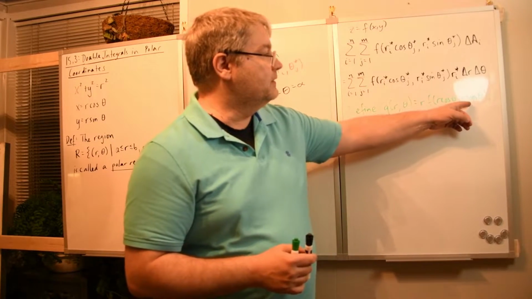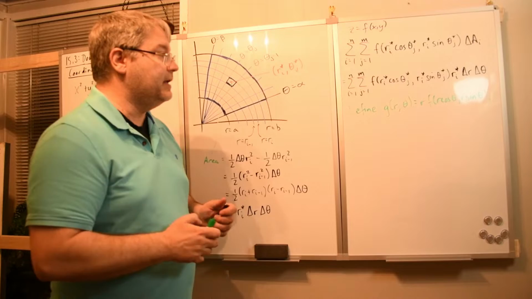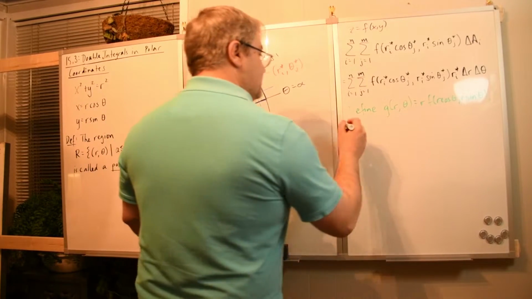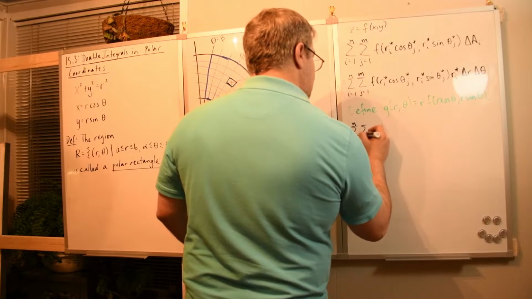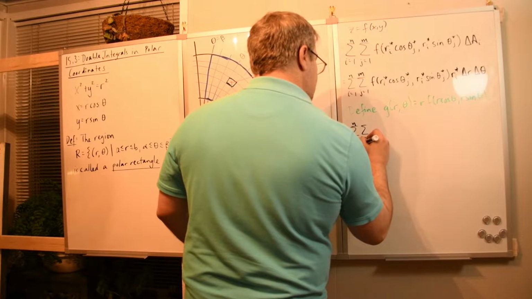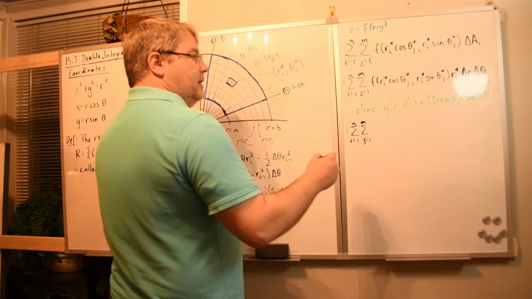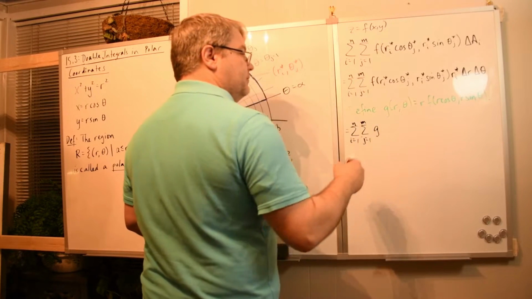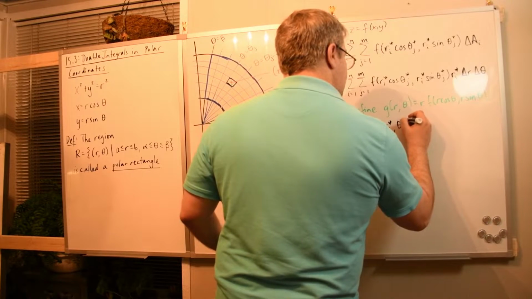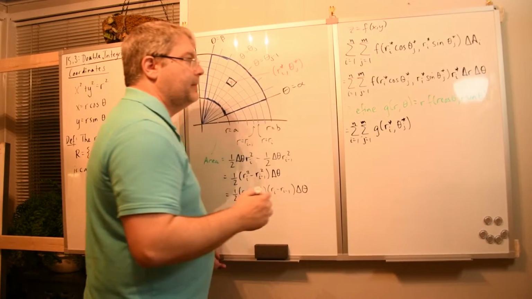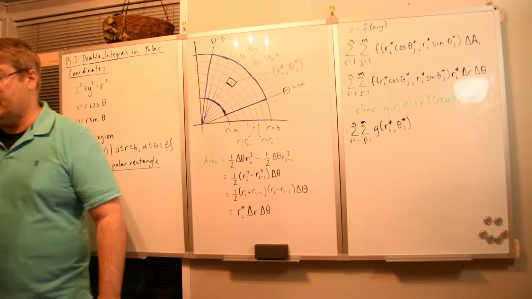And then r i star sine theta j star. Okay, we got a match. That's good. So you're going to have the summation outside i equals 1 to n, and then we have summation j equals 1 to m, and this will be g of r i star theta j star times delta r times delta theta.